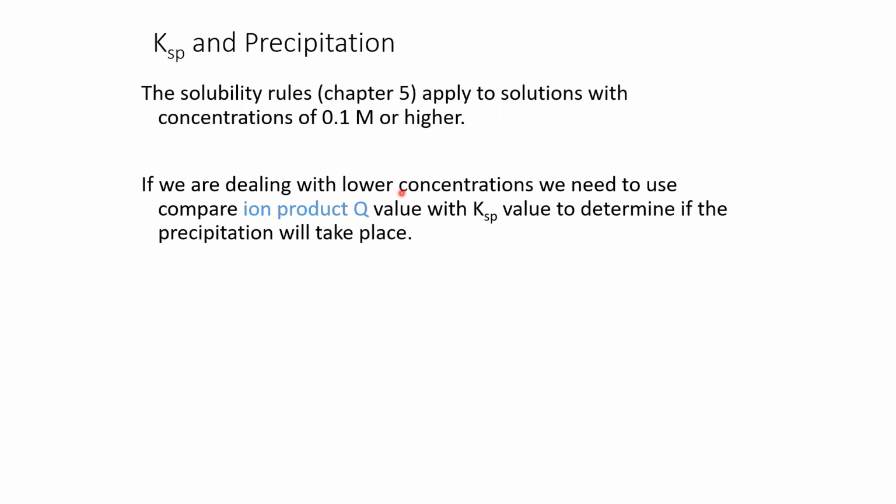So what we're going to do is calculate Q values, similar to the way we did in equilibrium problems in previous chapters. And we're going to compare the Q values to the K values to decide whether or not we have an equilibrium established. And if we don't, we can figure out whether a precipitate forms.